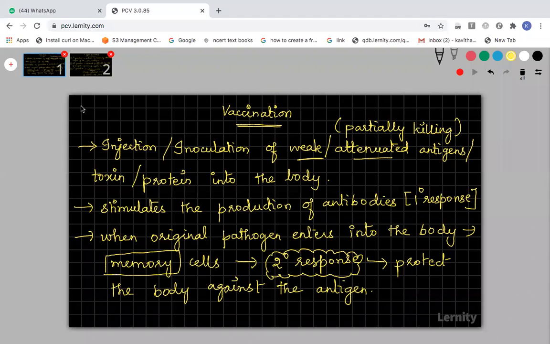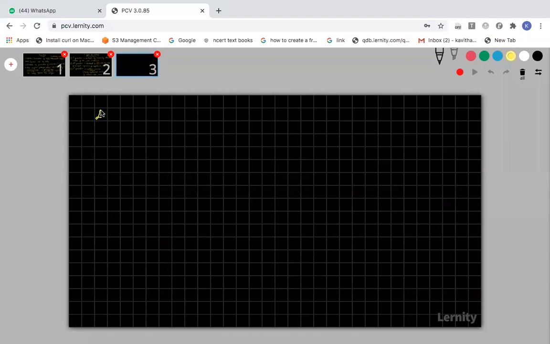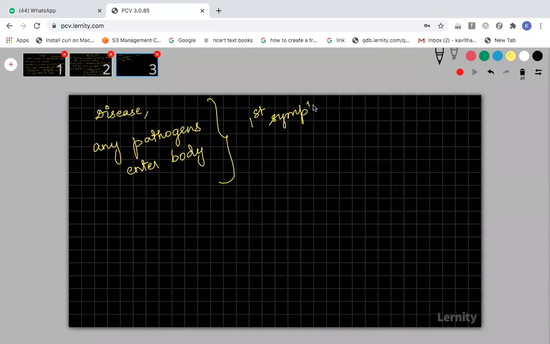So in all these cases, whenever you get disease or any pathogen enters into the body in diseased condition, the first, common symptom that will appear in your body is fever.